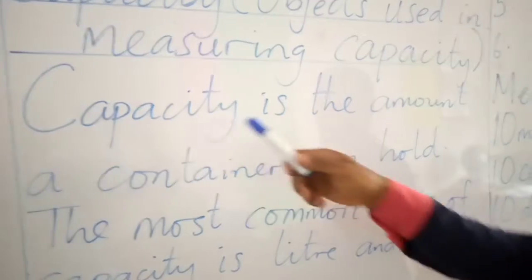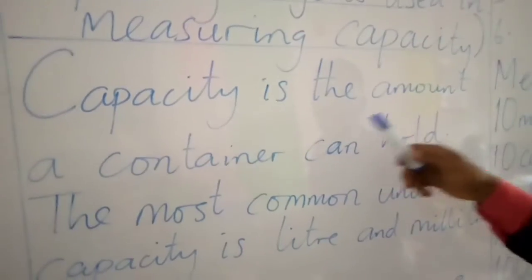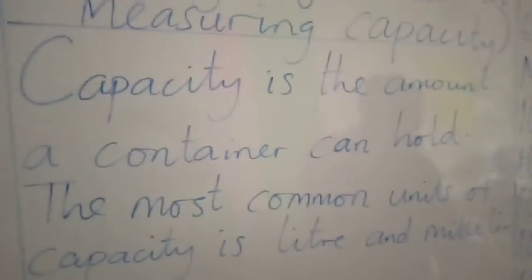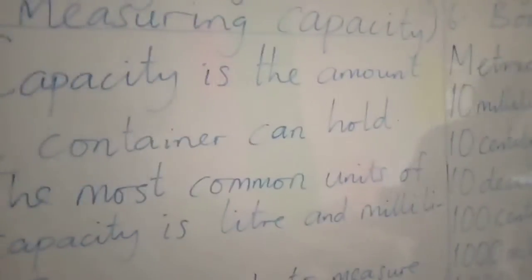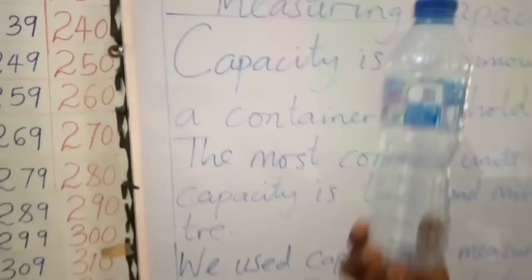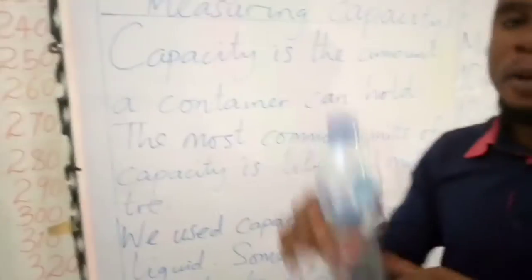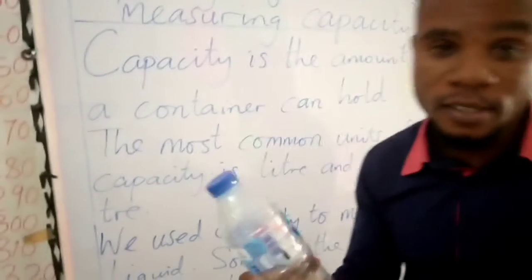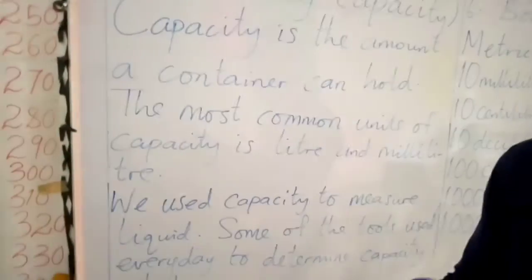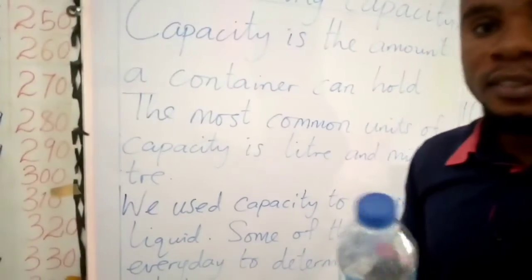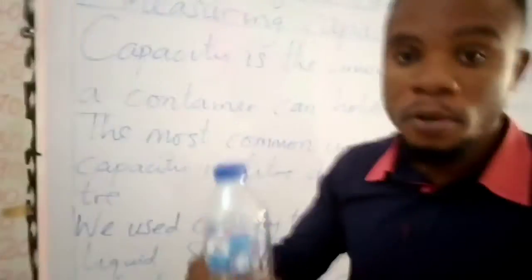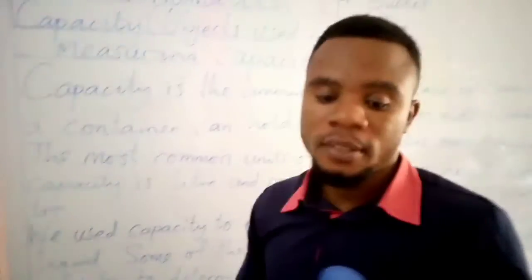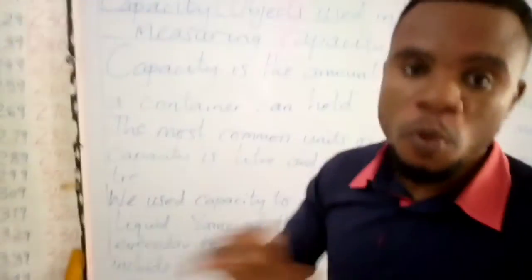Capacity is the amount a container can hold. This is a container. You can put any form of liquid in it, in form of water, oil, kerosene, honey, liquid milk, they're all liquid. So liquid is not just for water.